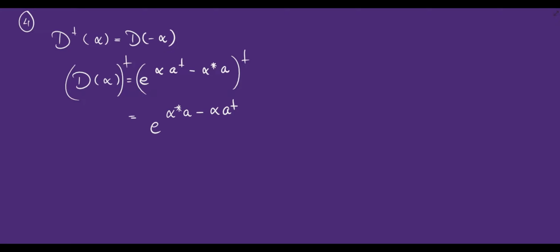But then this is equal to e raised to minus of alpha a dagger minus of minus alpha star a. So this is equal to, as I claimed, D of minus alpha.